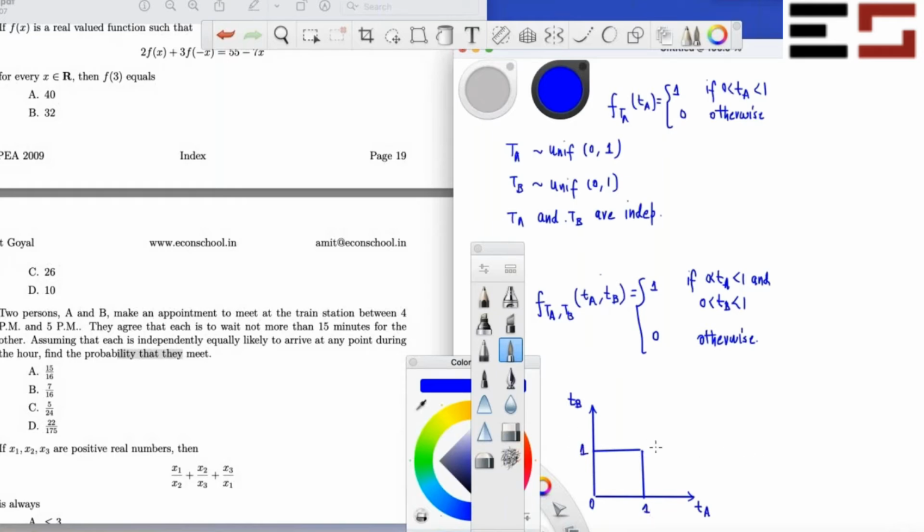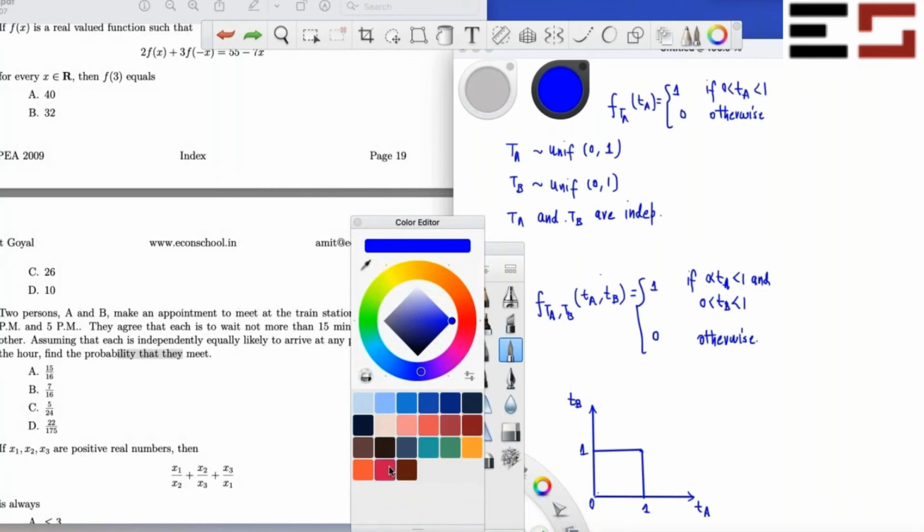Is that fine? Okay, so what does this tell you? So for example, let's say this is a 45-degree line. Let me just ask you some questions, just in case you have understood what I've done.